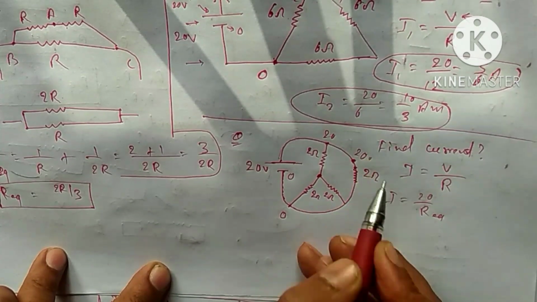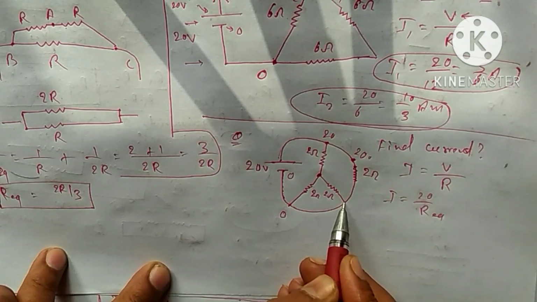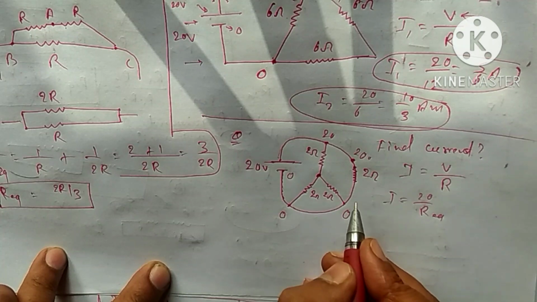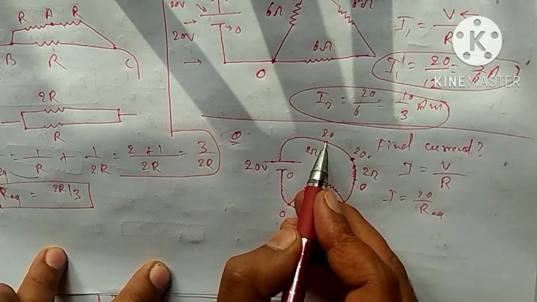Now move on to the topic. Here we also consider 0, and here also 0. Why do we take 0, 0 and 20, 20?